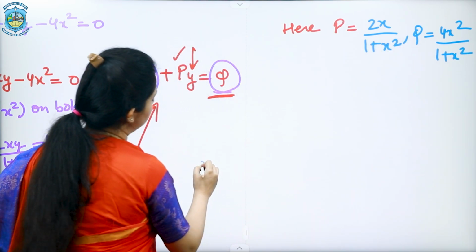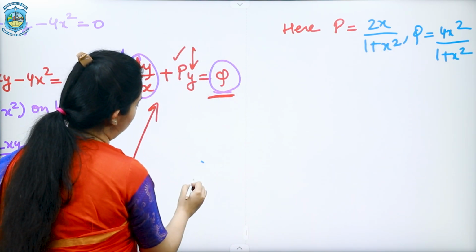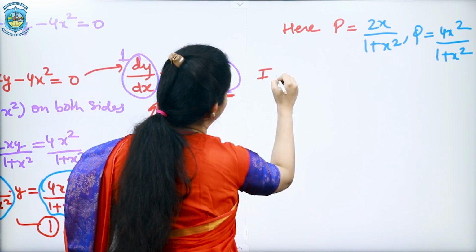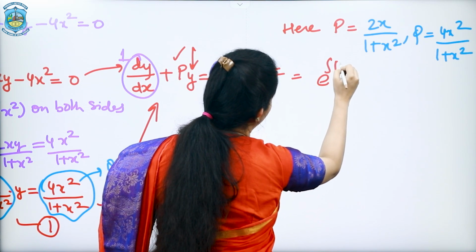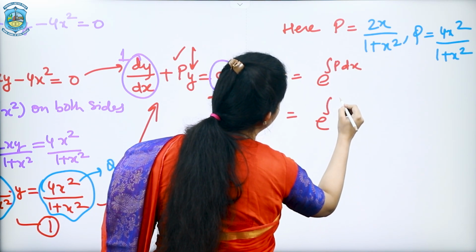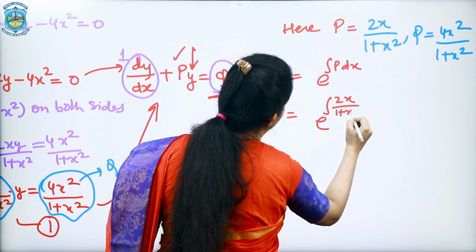Step number 3 is to write the formula of integrating factor. So, here IF is equal to e raised to integral p dx, substitute the value of p, that is 2x upon 1 plus x square dx.